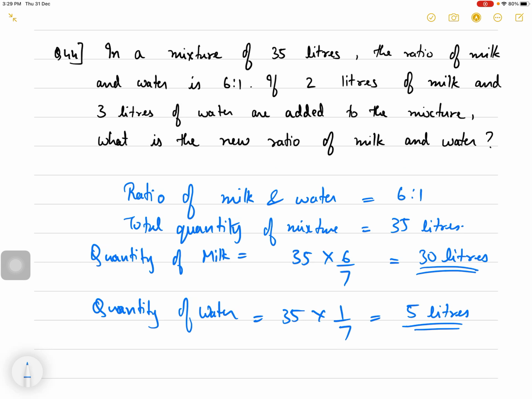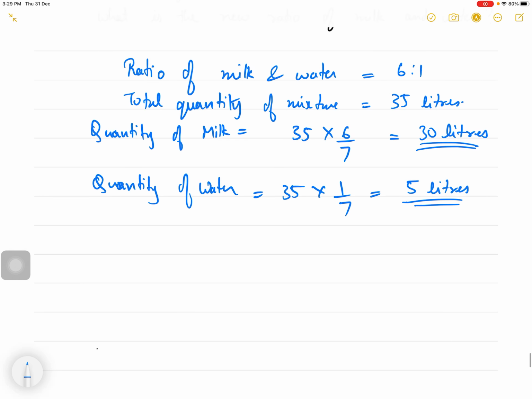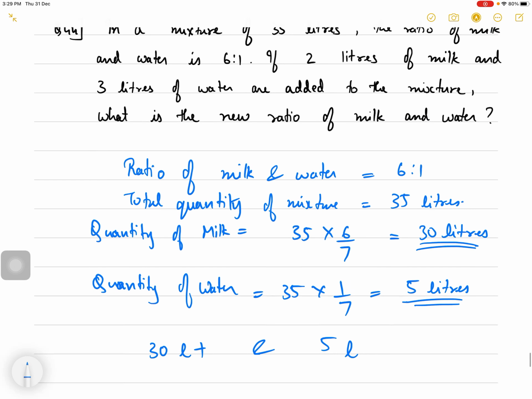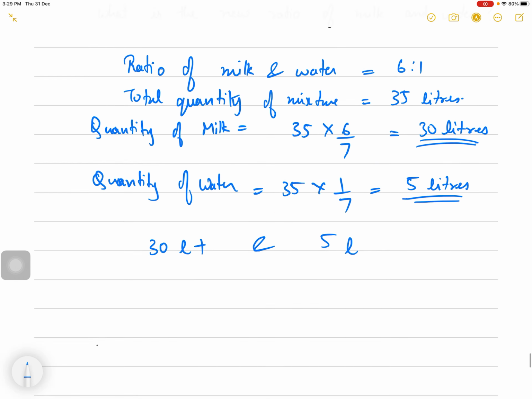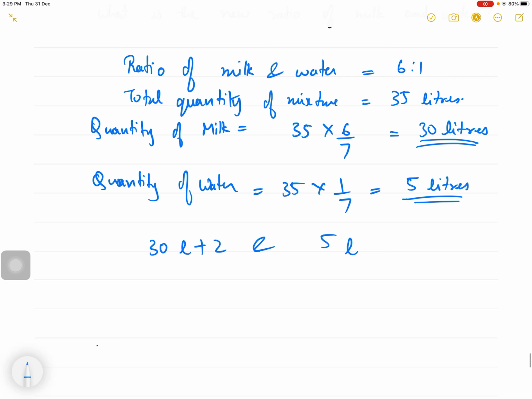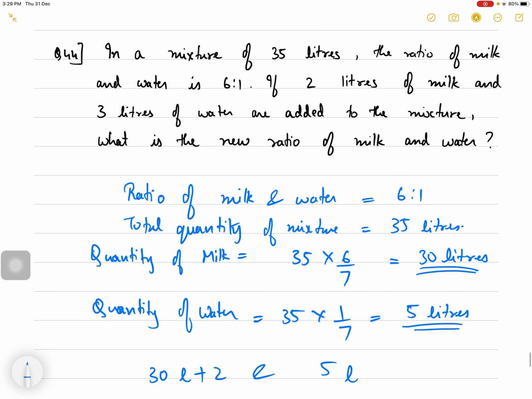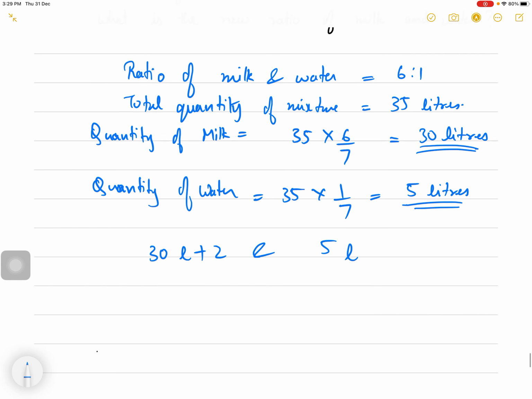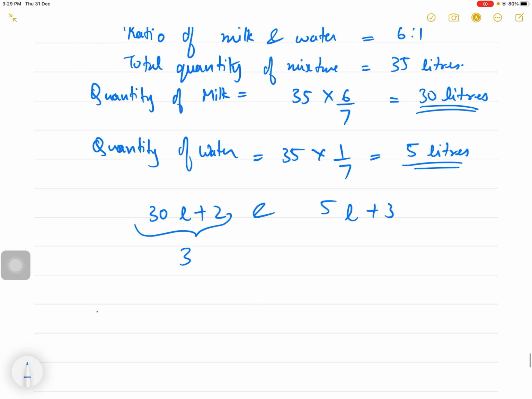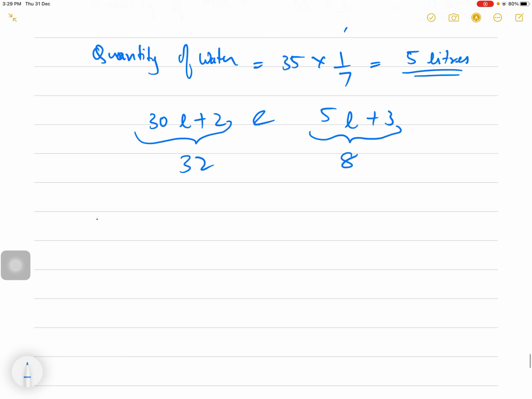If 2 liters of milk and 3 liters of water are added to the mixture, what is the new ratio of milk and water? Now there is 30 liters of milk and 5 liters of water. If 2 liters of milk is added, that means 30 liters plus 2 liters, and 3 liters of water is added, that means plus 3 liters of water, it will make 32 liters of milk and 8 liters of water.